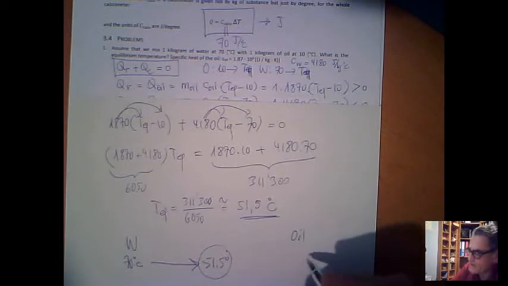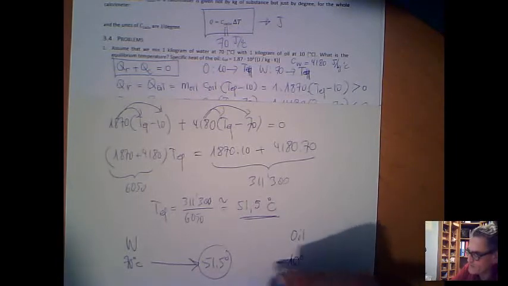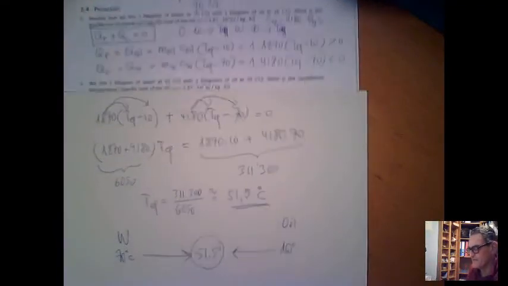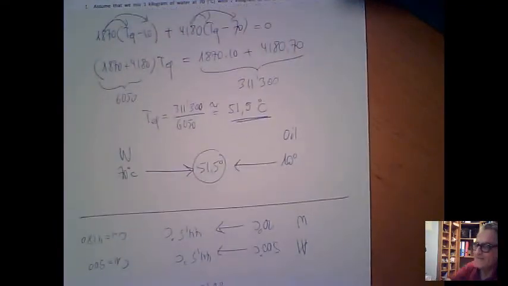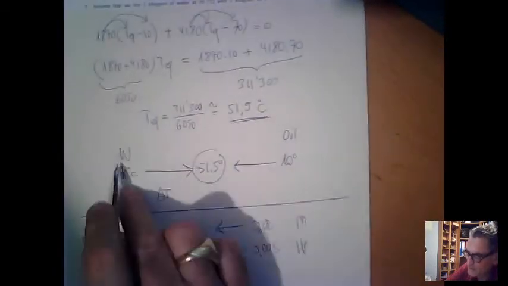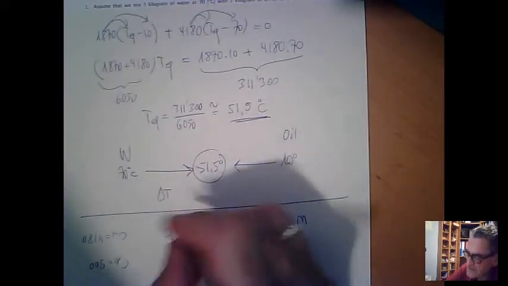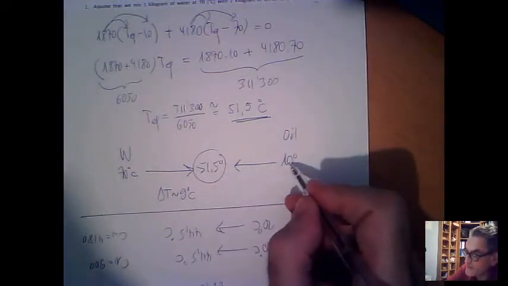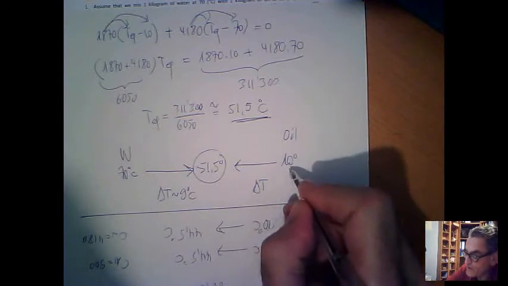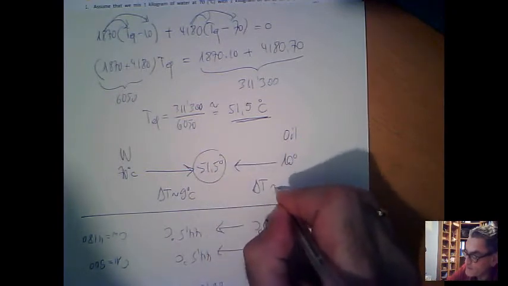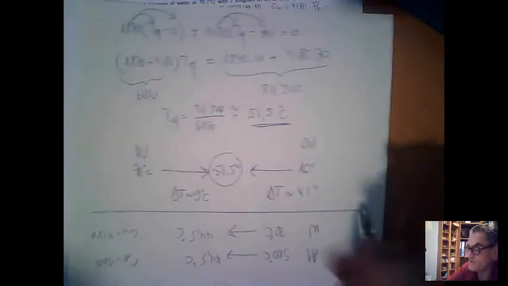The oil was at 10 degrees. It came up to 51.5. Aha. So here the delta T for the water is about 9 degrees. Here the delta T for the oil, from 10 to 51, is about 41 degrees.